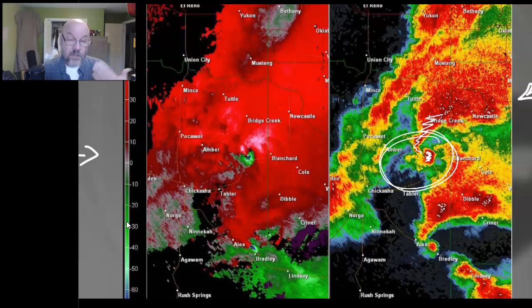But if you look at the velocities, what corresponds to it is here's where all that intense rain is, right in there in the center. All right, but the red, I'm not sure in this particular image if that's towards or away, but let's say that's towards the radar, and the green is away, which means we have something going like this.